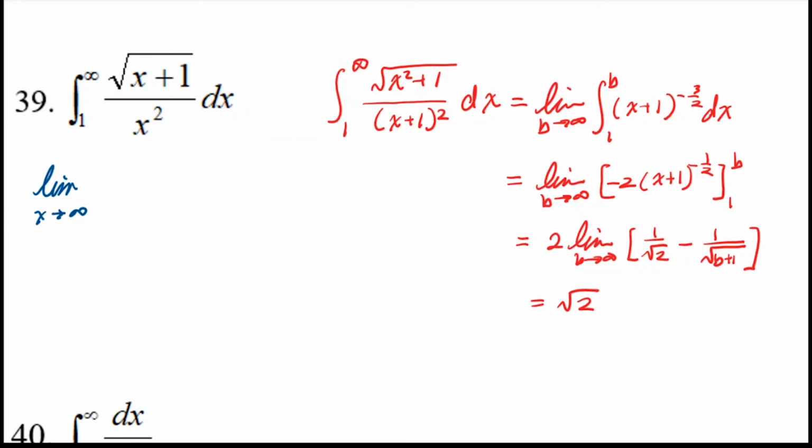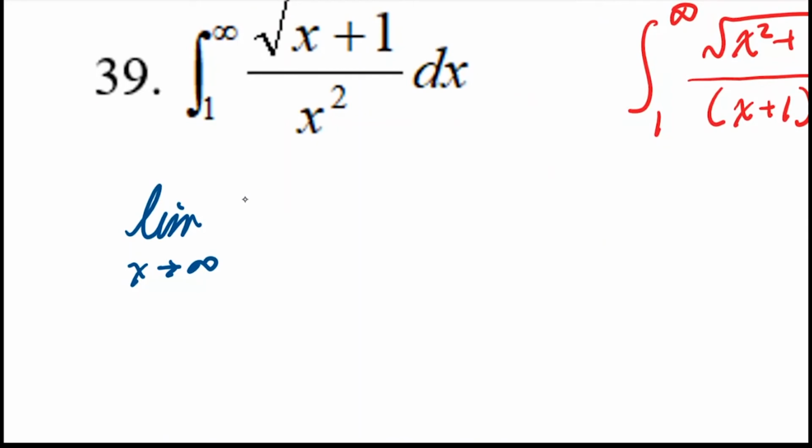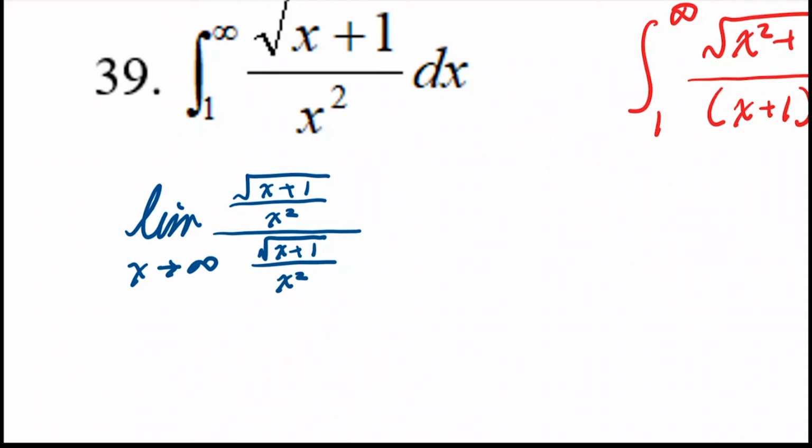So go back here. I'm going to zoom in. Our given function, which is square root of x plus 1 over x squared, over the thing that we are comparing with, which is square root of x plus 1 over x squared, x plus 1 squared.